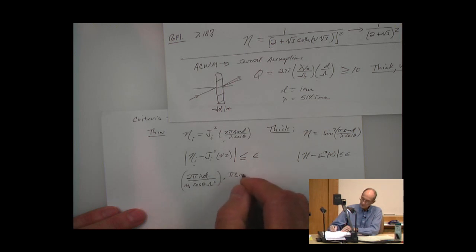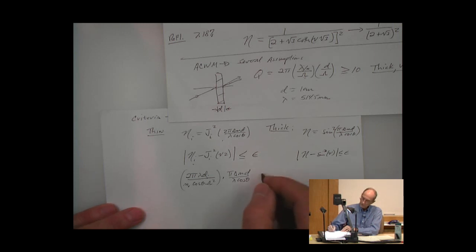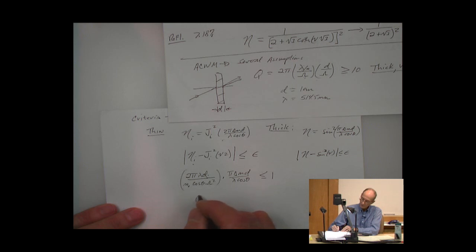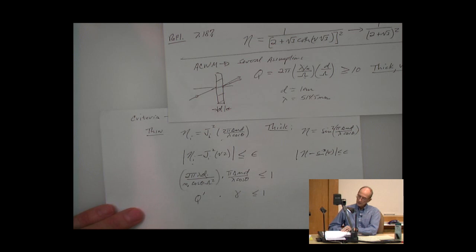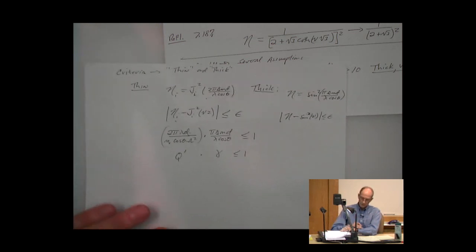So we have pi delta n d over lambda cos theta, when this product is less than or equal to 1, then we'll be in the thin region, okay? And they gave this a value of q prime, because it's very similar to Kogelnik's parameter, except for this 2 pi over n0 value. And this value they called gamma. And so when that's less than or equal to 1, you'll be in the thin hologram region.